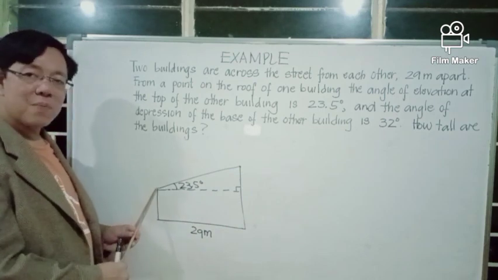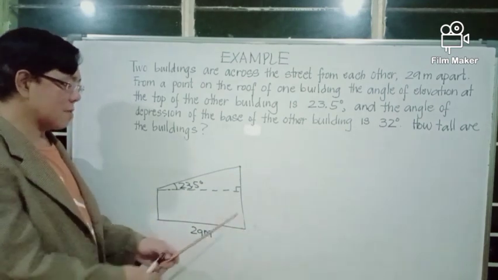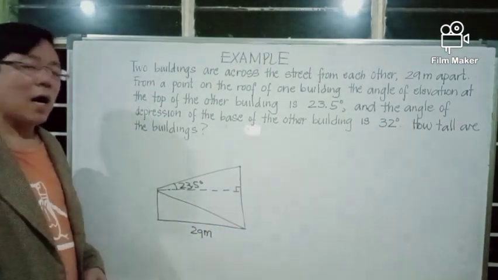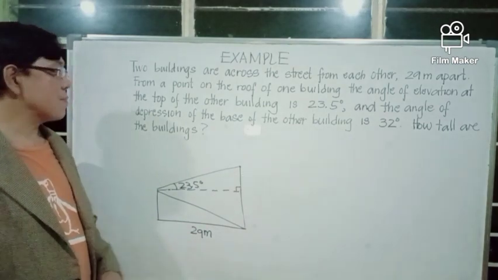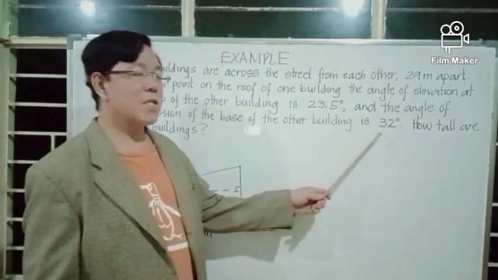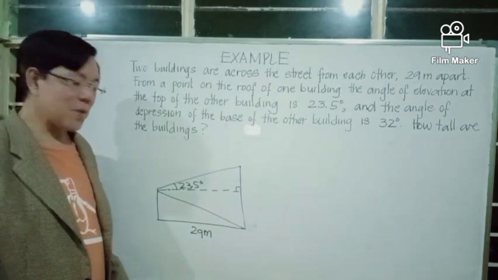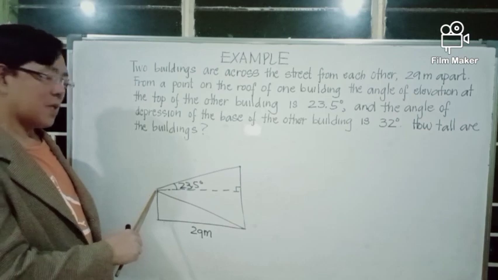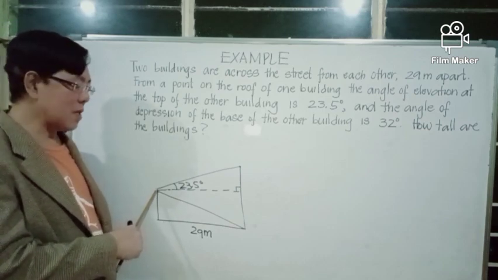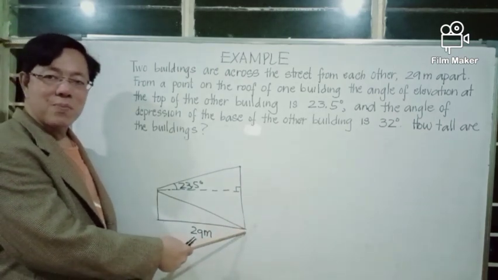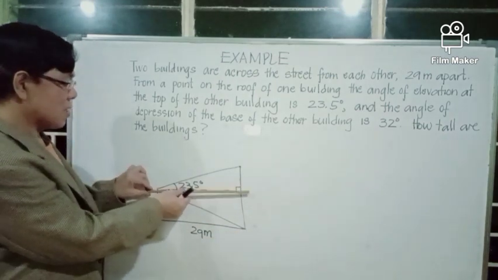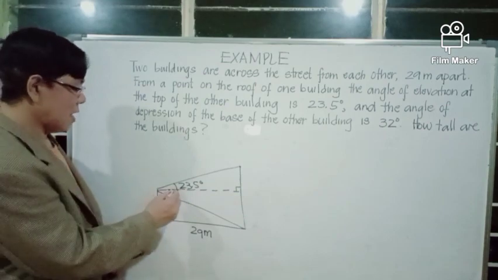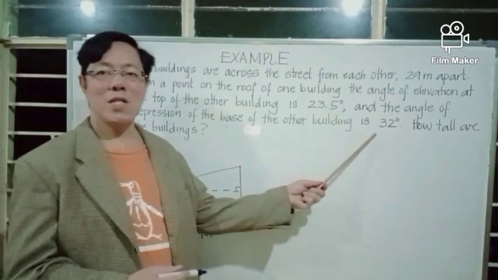From the roof of the first building to the base of this second building, the angle of depression is 32 degrees. And the angle of depression is the angle that this line from the roof of the first building to the base of the second building makes with the horizontal. And this angle is 32 degrees.